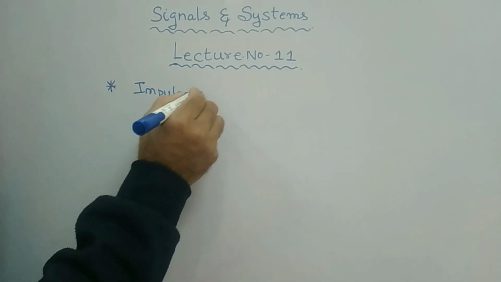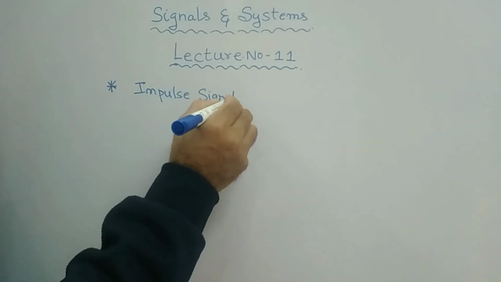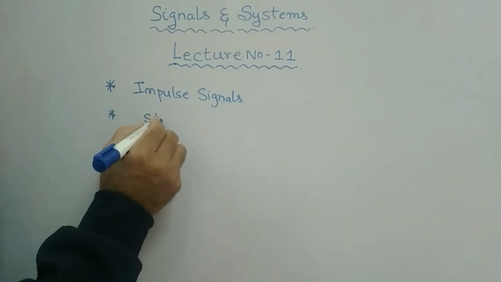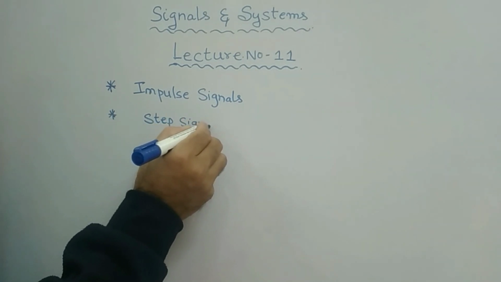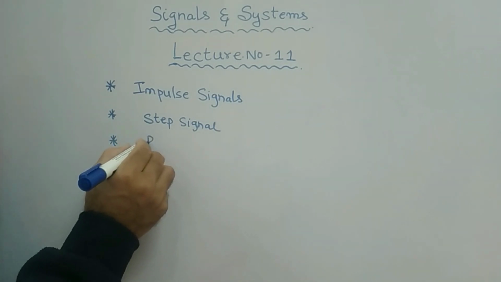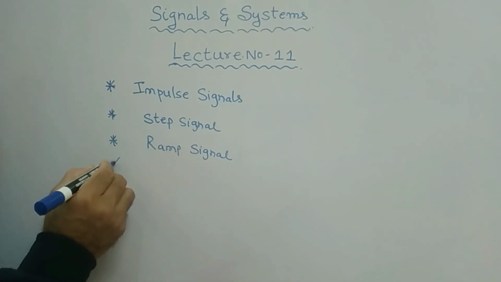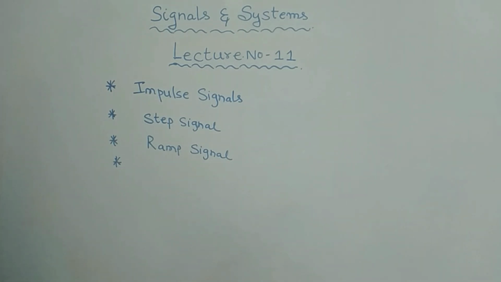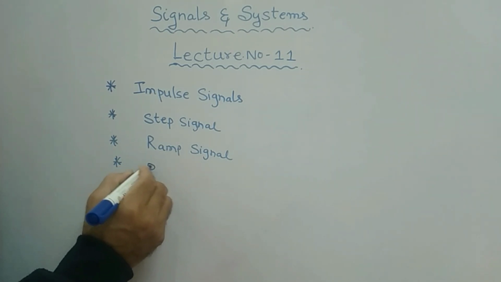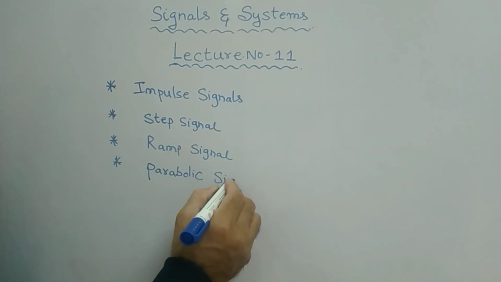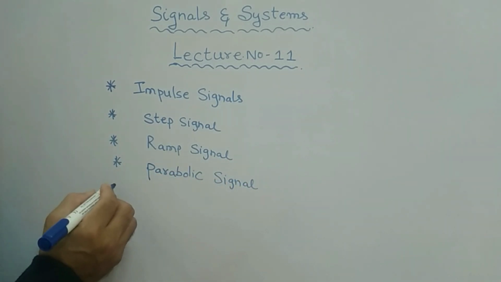Under the standard signals, let me explain: impulse signal, then step signal, then ramp signal, and then you have the parabolic signal, and afterwards the exponential signal.